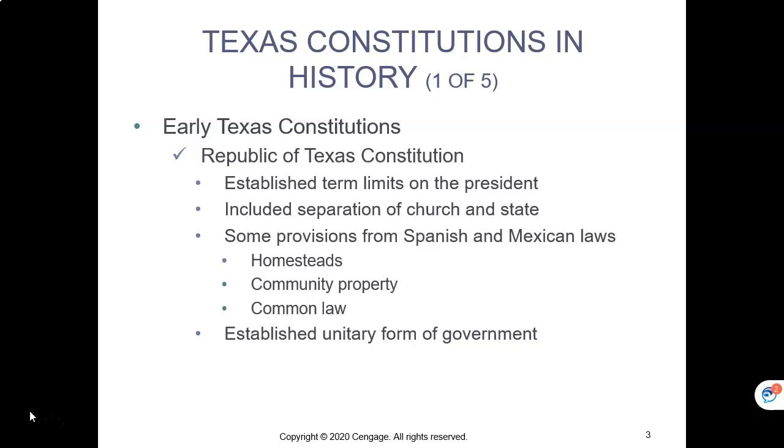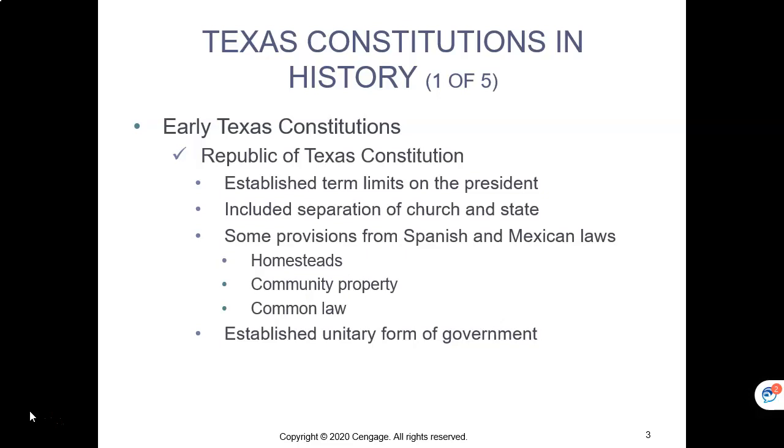They granted city charters. So there were several cities that were chartered under the Republic of Texas. There were no state units. There were counties and there were cities, and everything was run centrally.